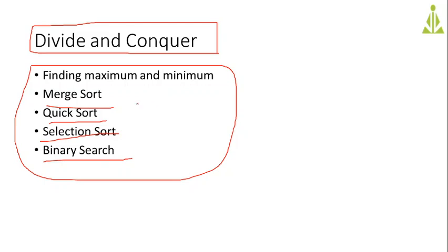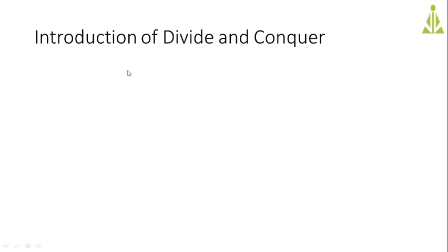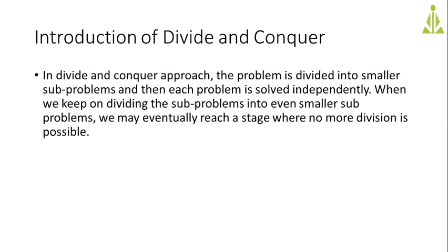Today we will just see what is divide and conquer, the introduction of divide and conquer. In the divide and conquer approach, the problem is divided into smaller subproblems, and then each problem is solved independently.